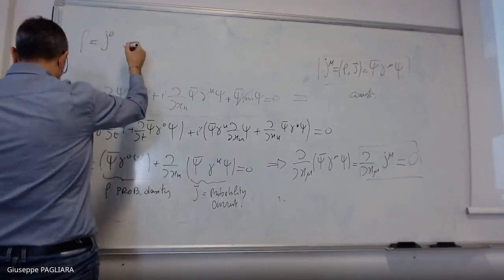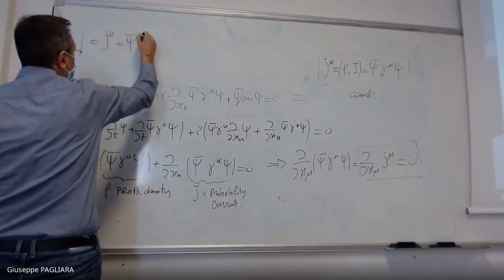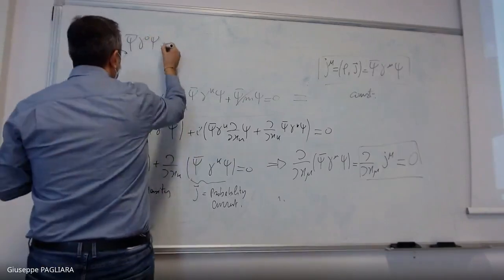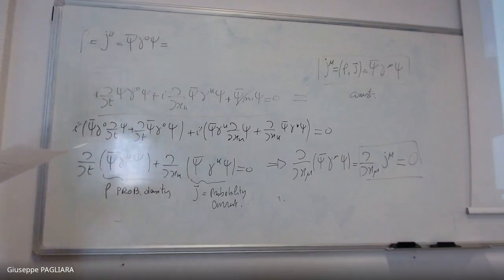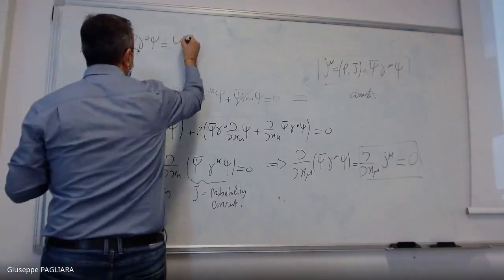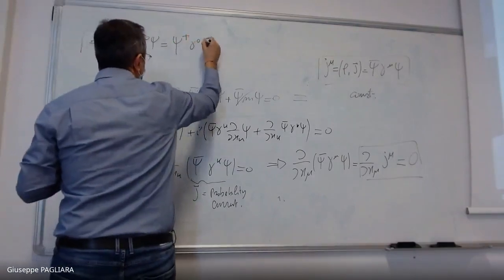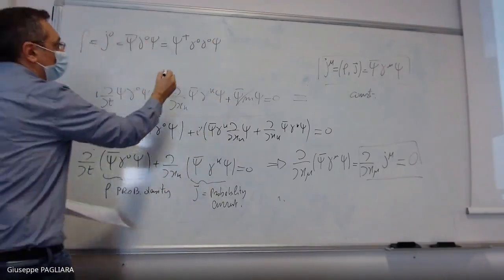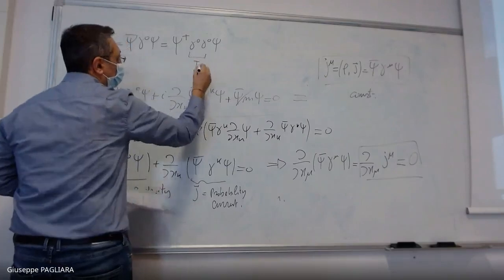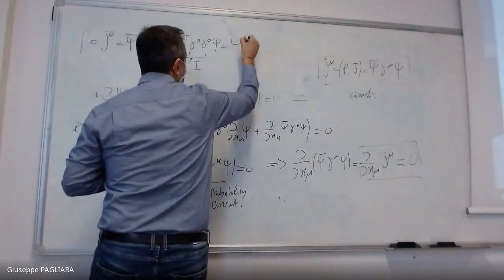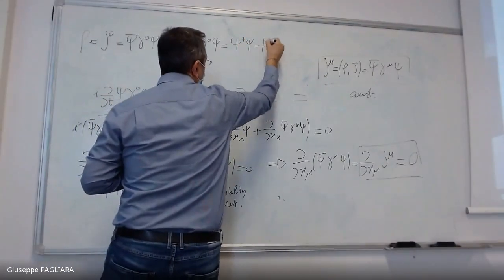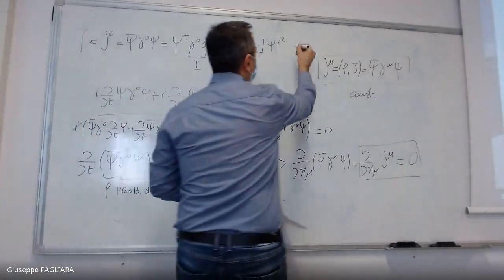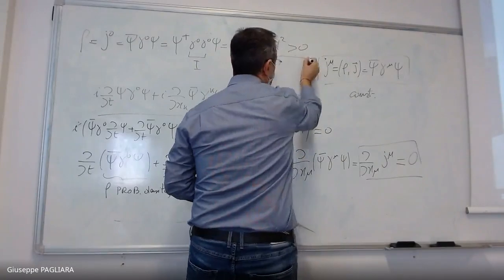And so this is psi bar gamma 0 psi. We can now make explicit the definition of the adjoint spinors. So this is the Hermitian conjugate psi dagger gamma 0 gamma 0 psi. But gamma 0 squared is the identity matrix. So this is nothing else than psi dagger psi, which is our standard probability, which is, of course, positive definite always.